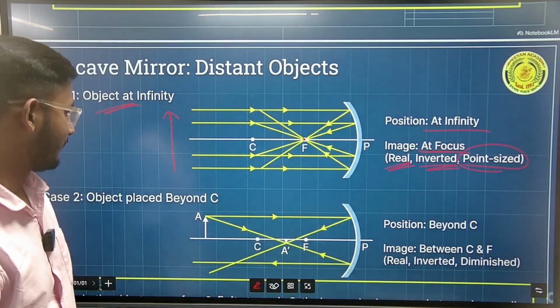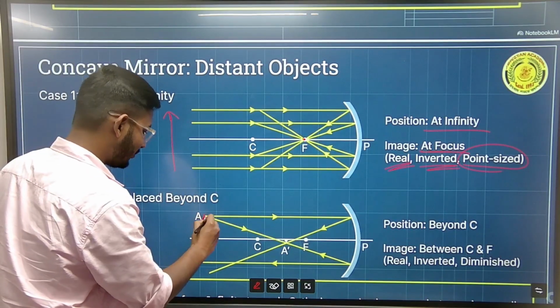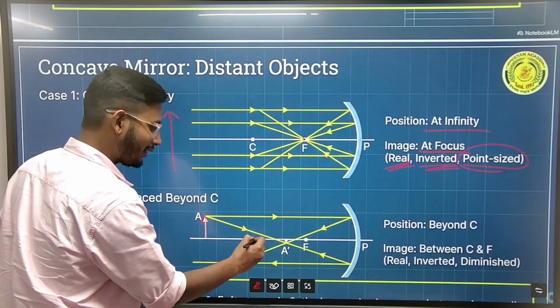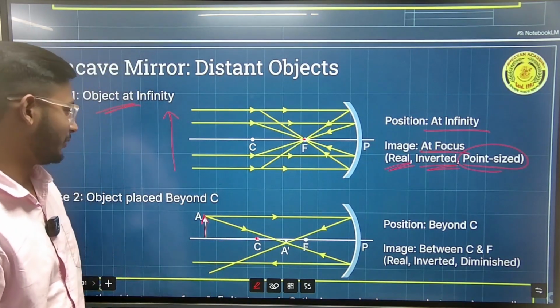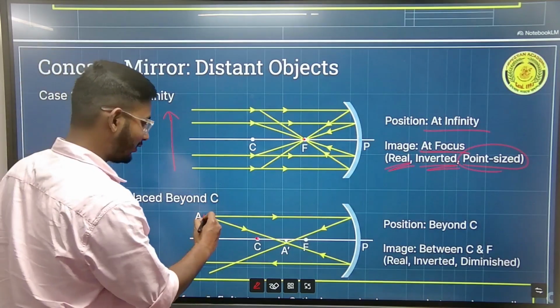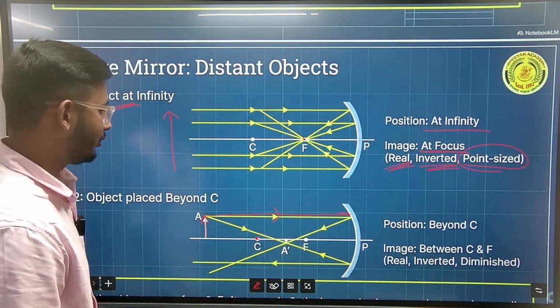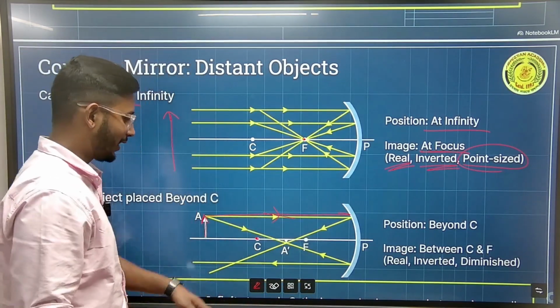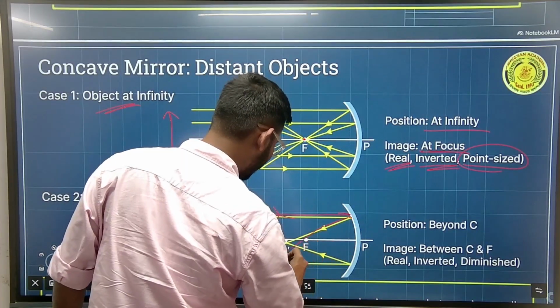Okay, the second one is when we place an object beyond C. This is the center of curvature. Beyond the center of curvature, we have placed the object. Then one light ray, the ray which is going parallel to the principal axis, gets reflected through focus.